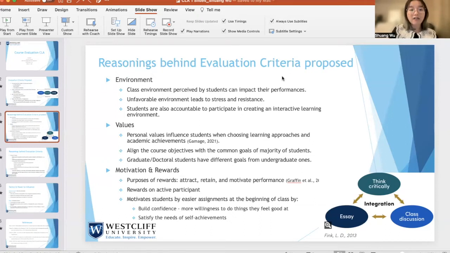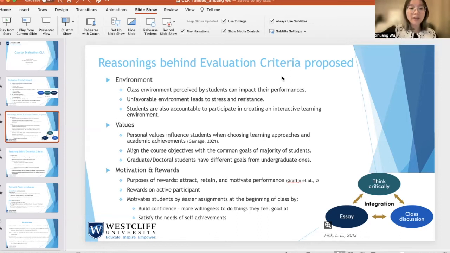Improper and unfavorable environments lead to stress and resistance. Students should also be accountable for playing a role in creating an interactive learning environment. This accountability can be assessed by participation.